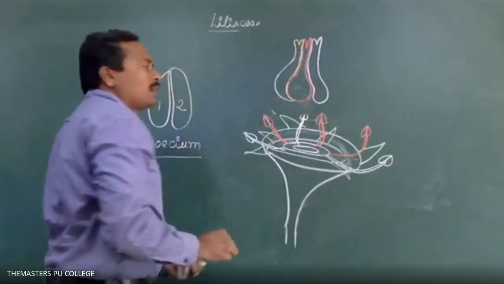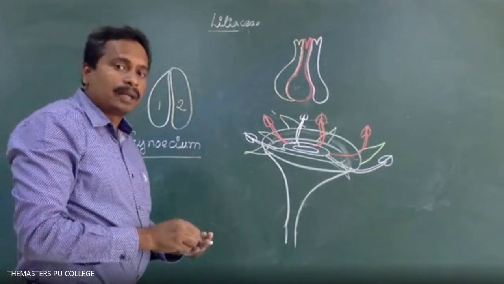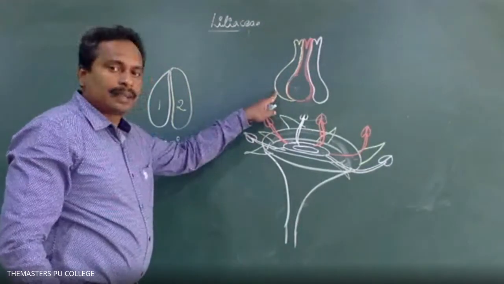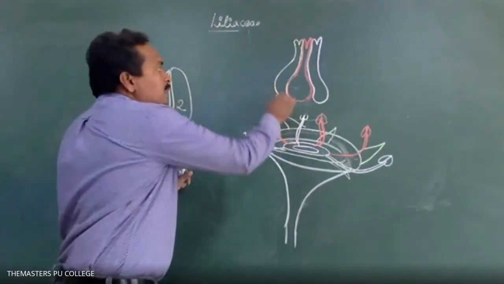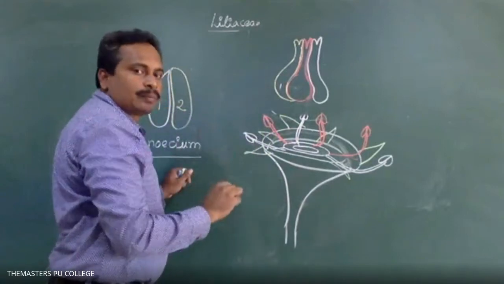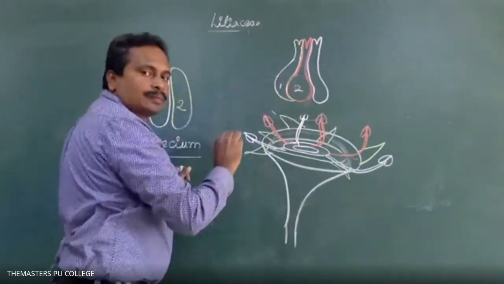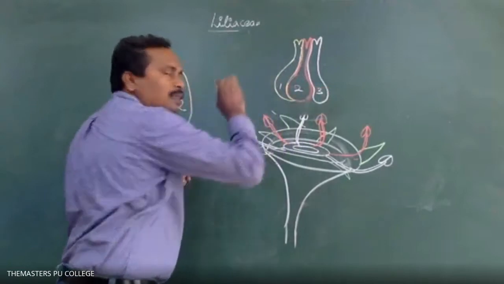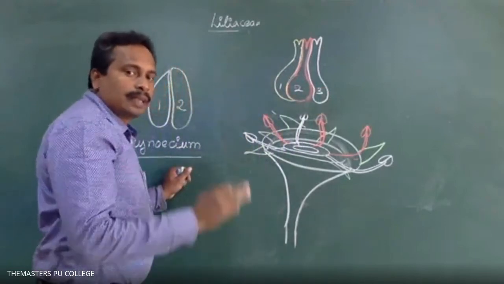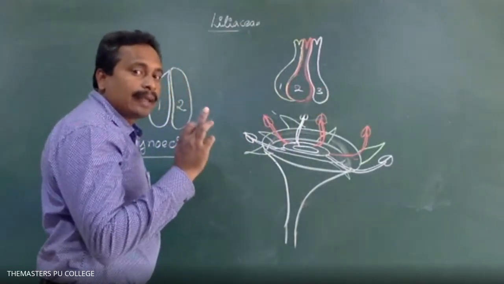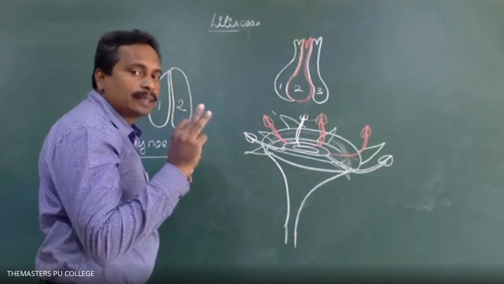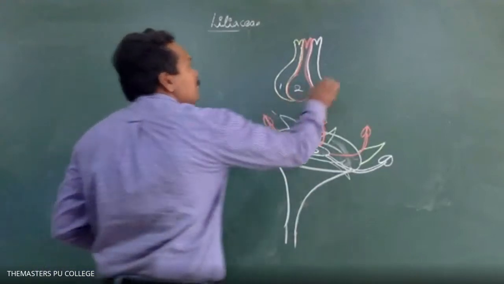This is the syncarpous gynoecium. Tricarpellary. Three carpels are present in the gynoecium. Look here, this is one carpel, the second carpel, the third carpel. Tri means three, so three carpels are present.